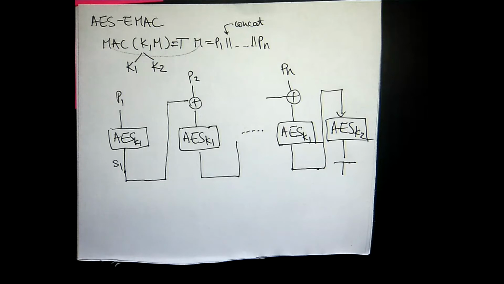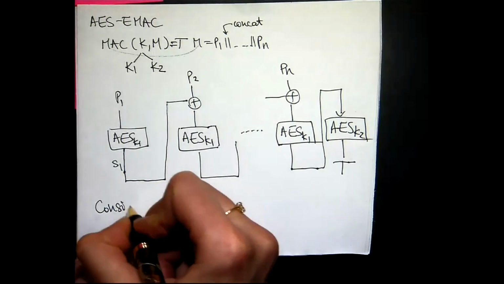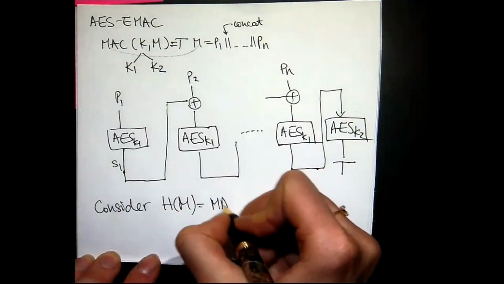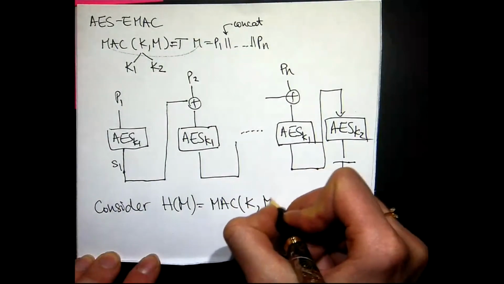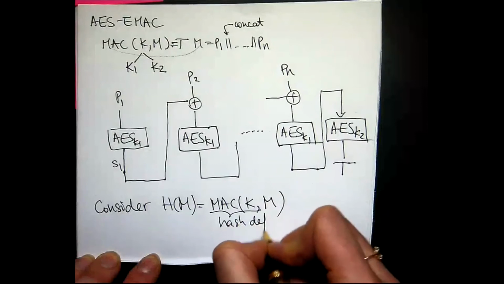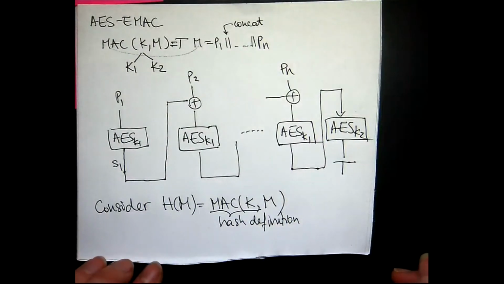Remember that a hash function doesn't have any secret. Right? It doesn't have any secret. So I'm saying consider a hash of M to be the MAC with some key K and the message M. This will be part of the hash definition, because the hash function doesn't have any secret, everything is known.